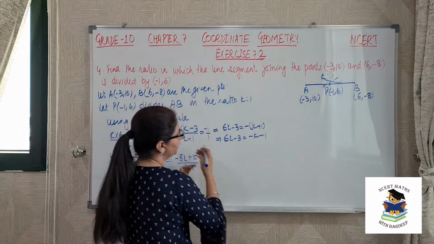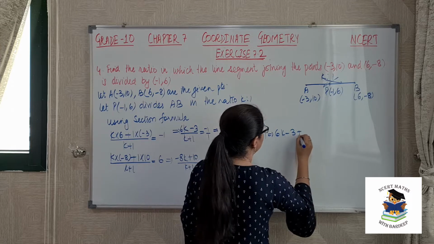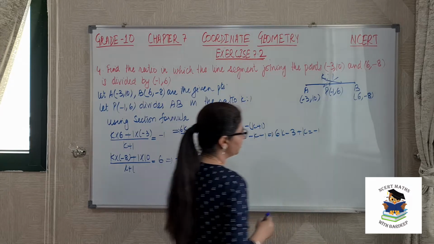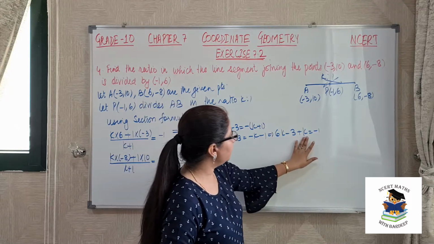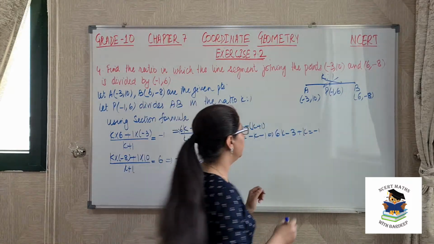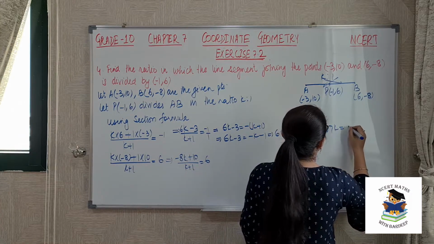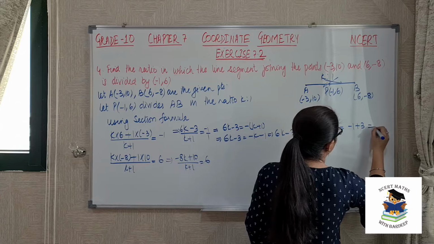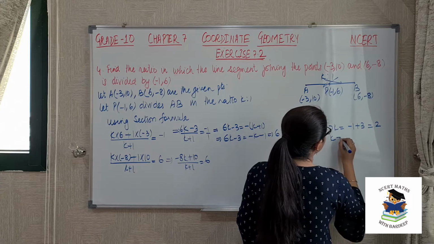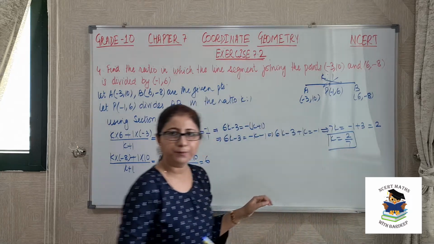So now we will shift this to other side, that is 6k -3 plus k equals to -1. So now 6k and plus k is 7k and we will shift -3 to other side. So this implies 7k is equal to -1 plus 3 and this is 2. So what is k in this case? That is 2 over 7.